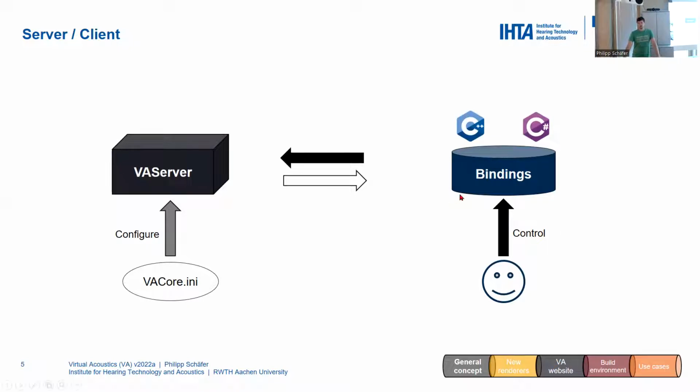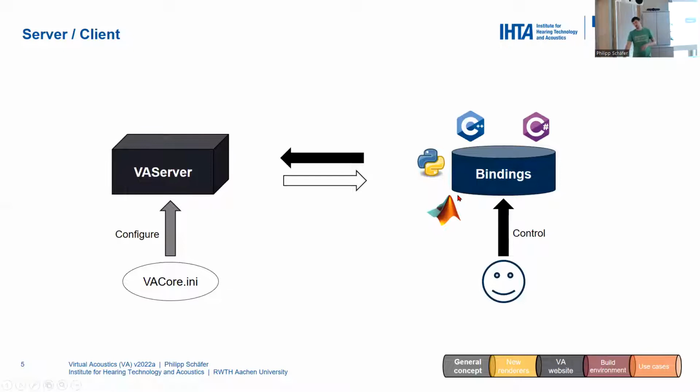Since VA is implemented in C++, the natural interface is also in C++, of course, but there is a wrapper for C# also. And the most commonly used interfaces are script-based interfaces. So there's one for Python and for MATLAB. And MATLAB is actually the most developed interface and the one that is used, I would say, in most cases.